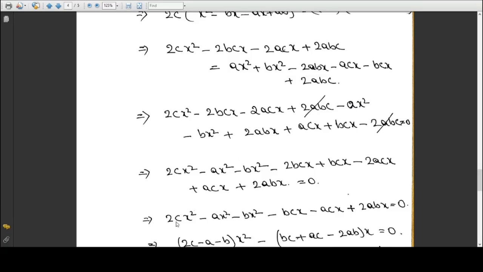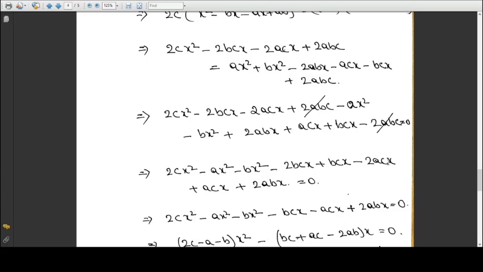Now the next step. These two terms, 2cx square, minus ax square, minus bx square, you cannot add or subtract them together, you keep them as they are. But these two you can add them. Minus plus is minus, that means you have to subtract 2bc minus 1bcx, you will get only 1bcx, with sign minus, because the minus sign is greater: minus bcx.